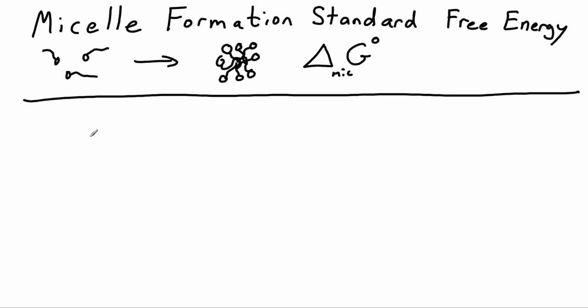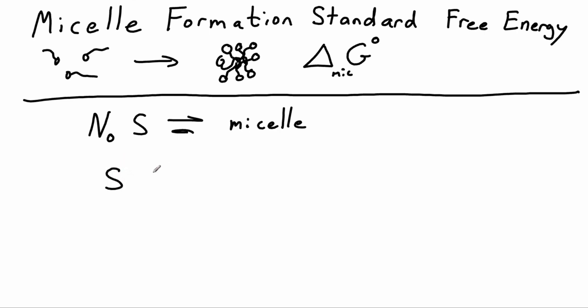So we have a certain number of surfactant molecules. We know that the aggregation number N naught is the number of molecules in a micelle. We take that many surfactant molecules and they can undergo the process of forming a micelle. Let's write out micelle. We could write the reaction this way, or we could divide through by the number of molecules in the micelle, so we're going to divide through by N naught.